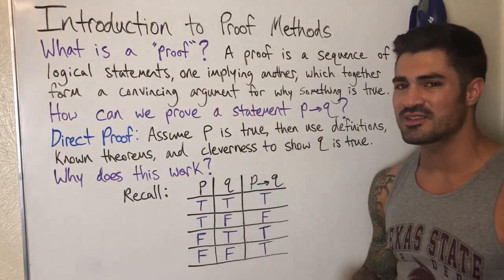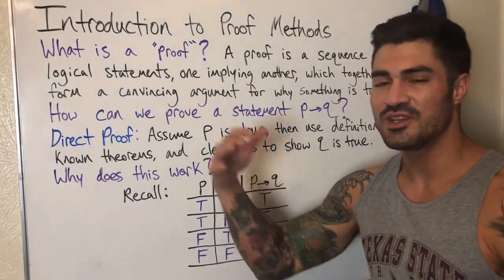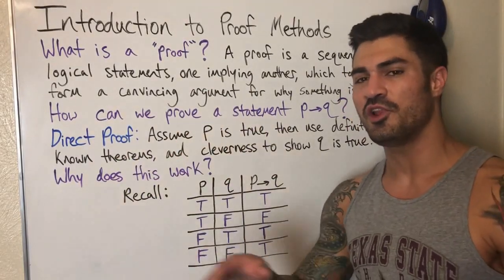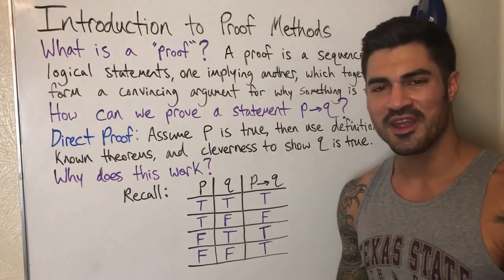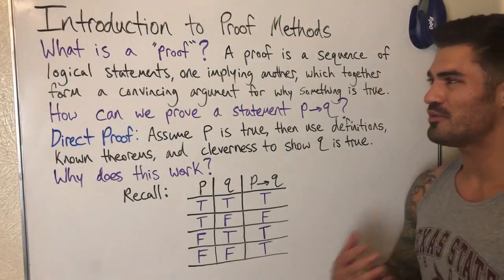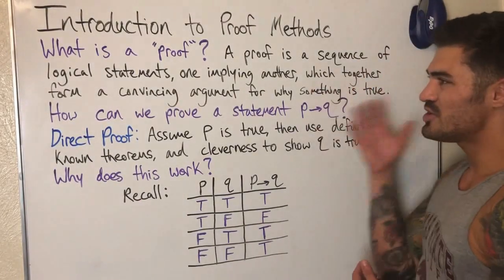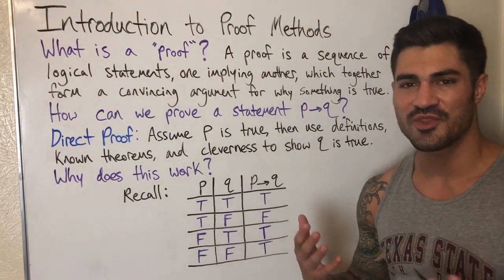Each leads into the next. That's why when you read proofs, not at this lower level we're about to do, but as you get deeper into it, they will flow, right? Then, since, therefore, hence, right? You'll see all these cool words we get to throw around, but they should flow if they're written correctly, which together form a convincing argument for why something is true. So that's the goal, is to show something is true.